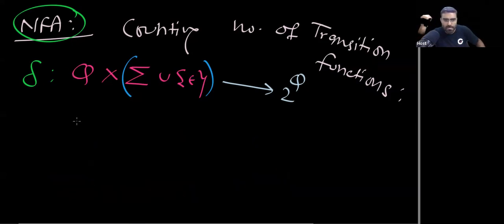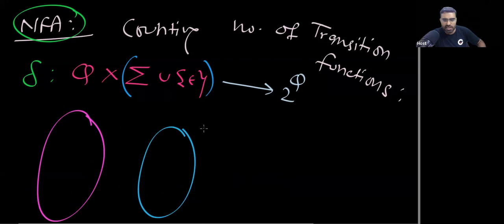So tell me, how many transition functions are there? What is the size of this? This will be 2 power n, because the number of states is n, and the size of sigma is m.